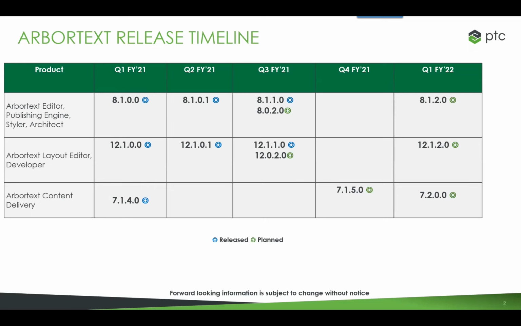And currently targeted for the end of the calendar year, so between October and December, there will be another batch of releases. We'll have Arbortext 8.1.2.0 and 12.1.2.0 for the ALD, ALE, and also an update to Arbortext content delivery 7.2.